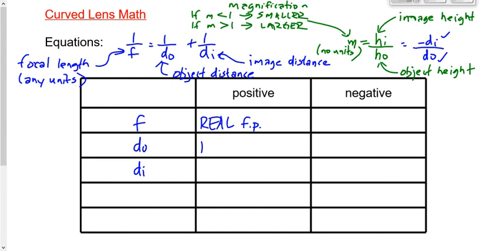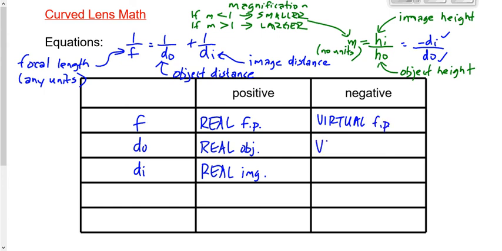If we have a real object, then the object distance, the distance from the lens to the object, will be positive. If we have a real image, then the image distance, the distance from the image to the lens, will be positive. If we have a virtual focal point, then F will be negative.